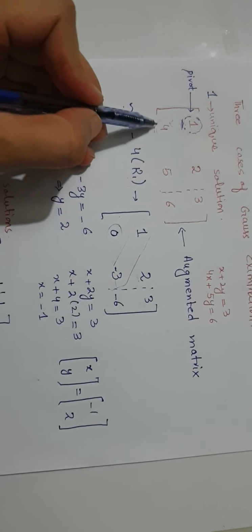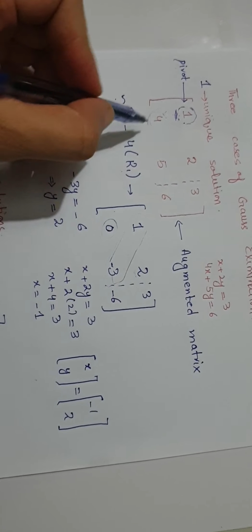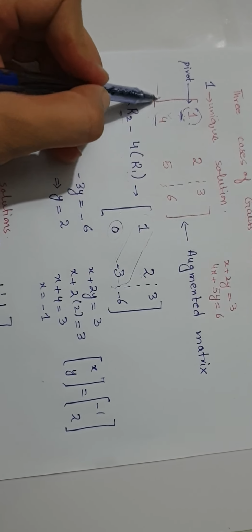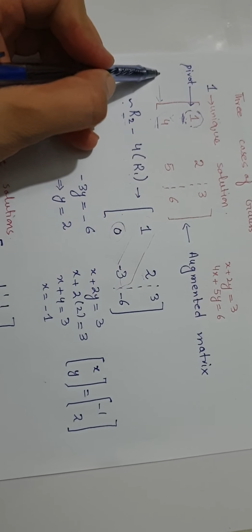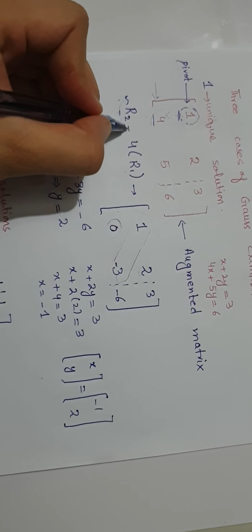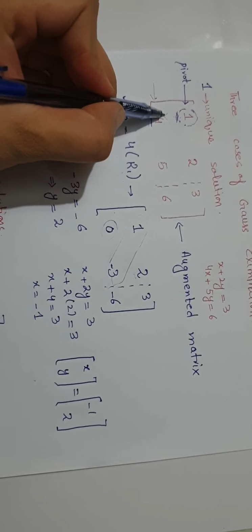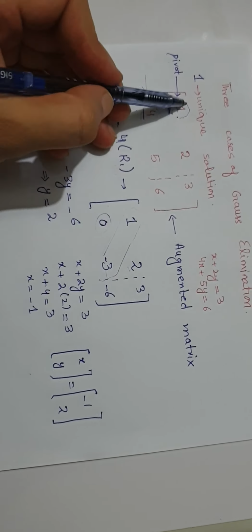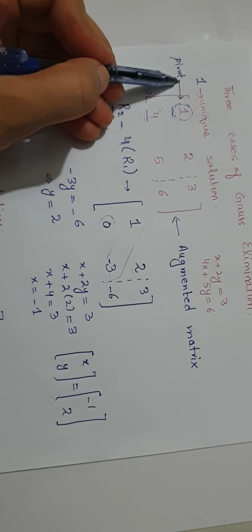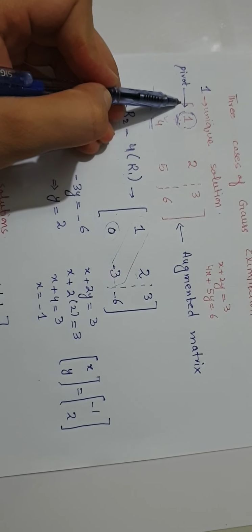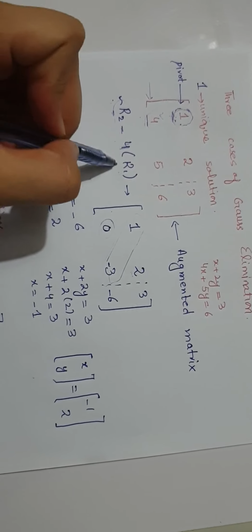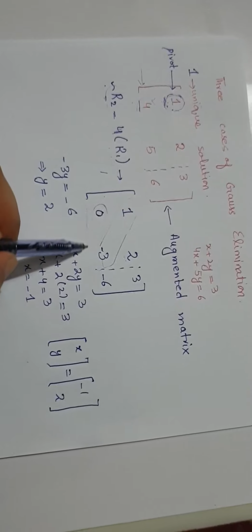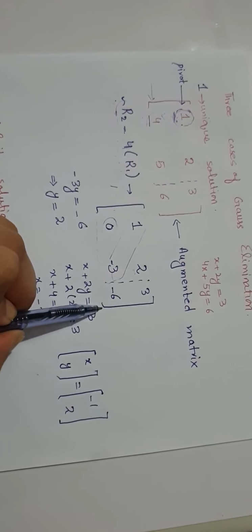I will be performing R2, meaning the value I want to make equal to 0 is lying in the second row, so I will write R2 minus whatever the entry is, times the row in which the pivot entry is residing. So R2 minus 4R1. After performing this operation, I have obtained this matrix.